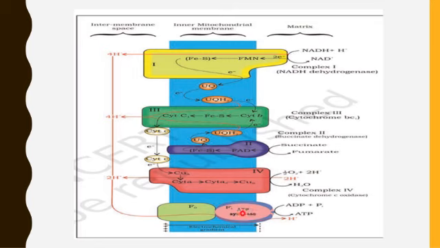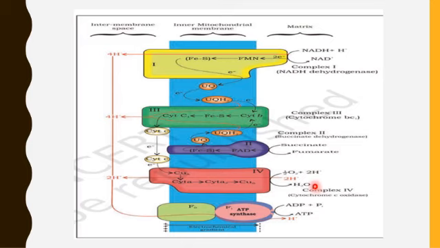that is coupled with ATP, that is your oxysome made up of two units, F0 and F1, and F1 has the ATP synthetase. So when the protons come back, their energy causes the release of the ATP synthetase enzyme, and because of that enzyme, ATP is synthesized, which is the end product of aerobic respiration.